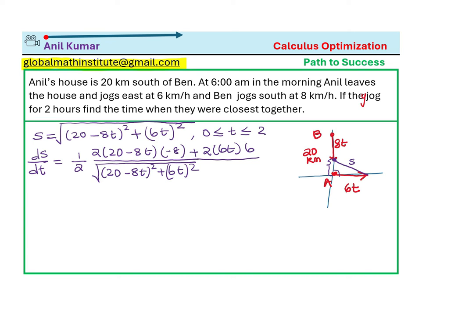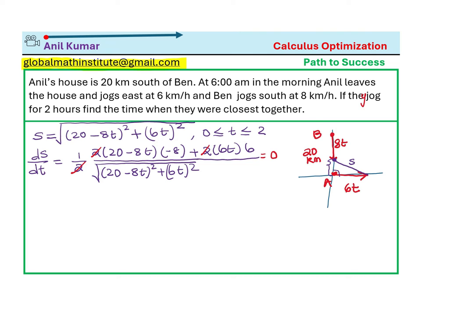Critical number is when this is 0, right? So, to find the critical number, let me equate this to 0. Practically, it means that the numerator is 0. Yes, I could have crossed out 2 also, but I'll do it later. Or let us do it, we can cancel these 2's.